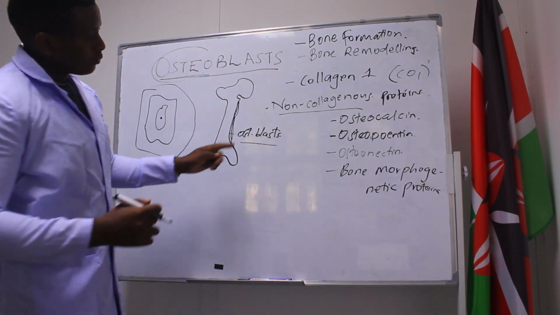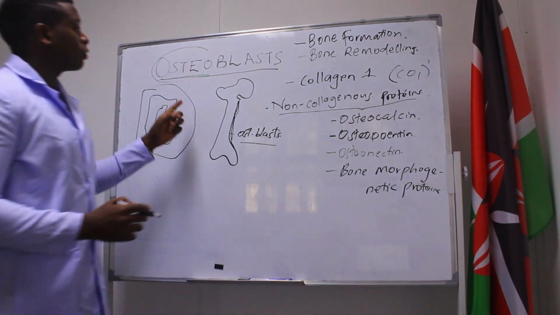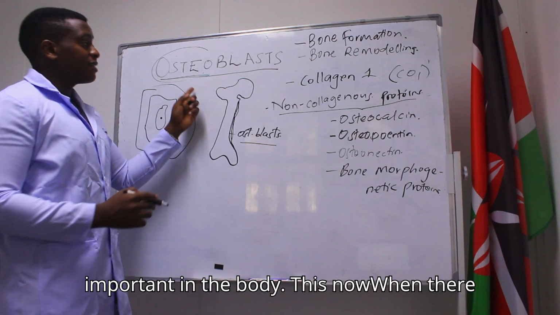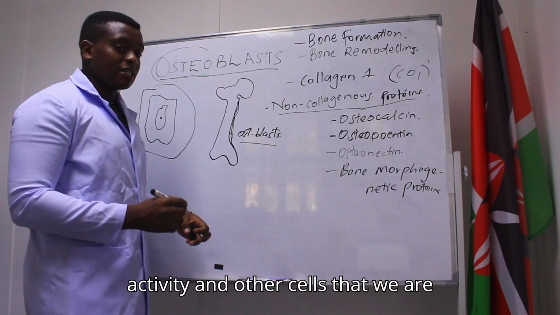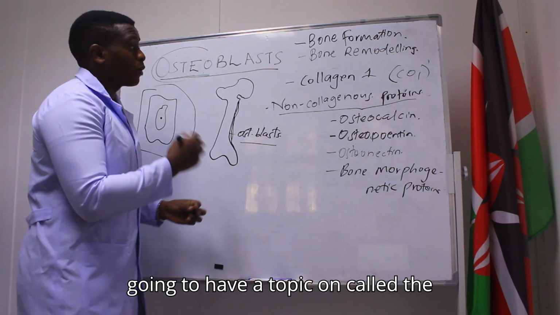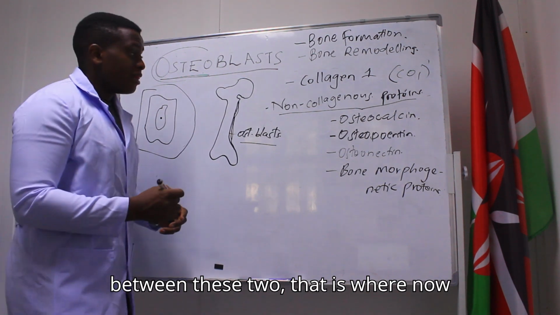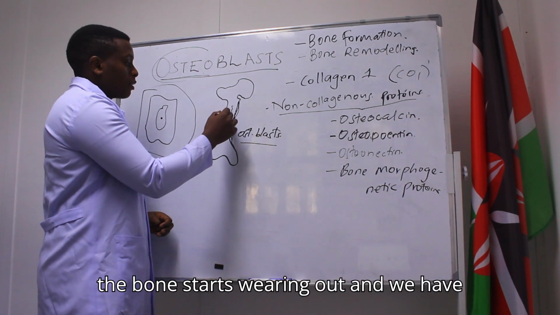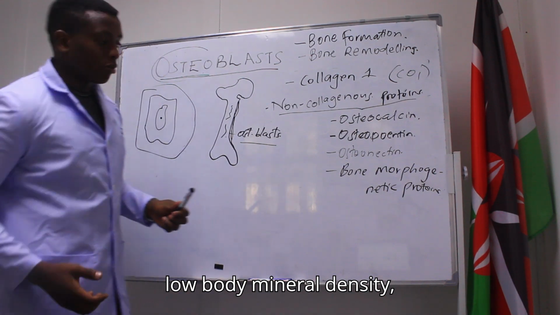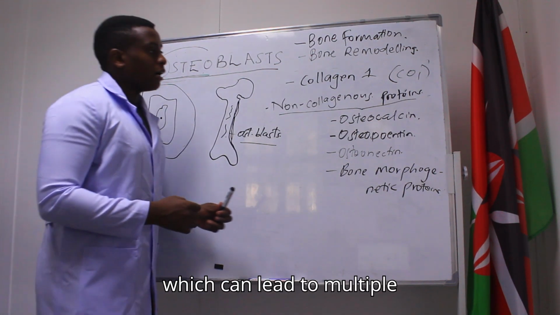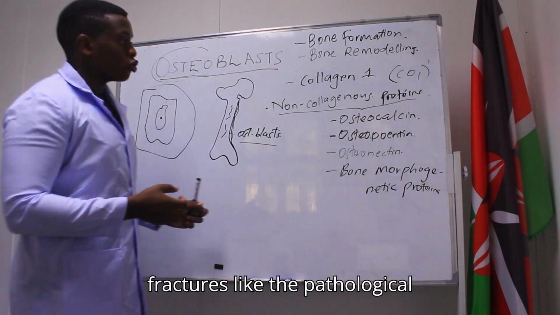Osteoblastic activity is very important in the body. When there is an imbalance between this osteoblastic activity and the other cells, the osteoclasts, which we are going to cover in another topic, the bone starts wearing out and we have low bone mineral density, which can lead to multiple fractures, like pathological fractures.